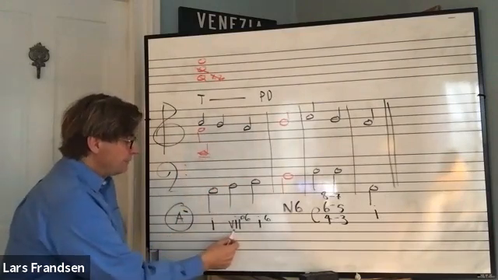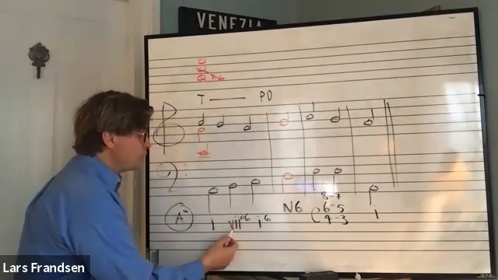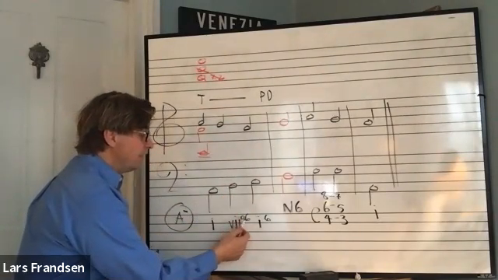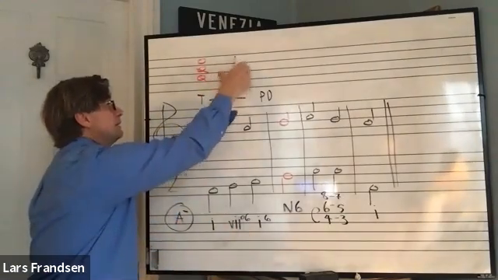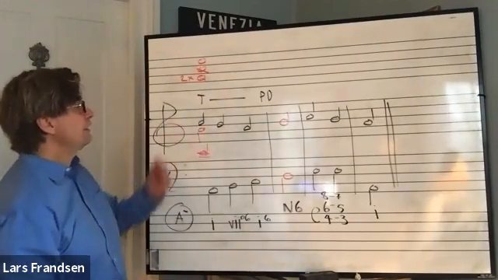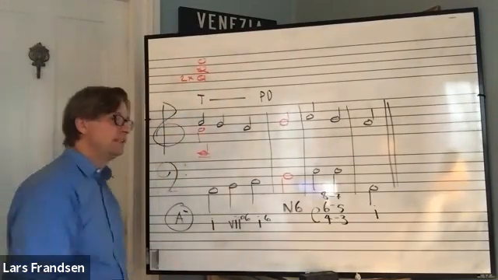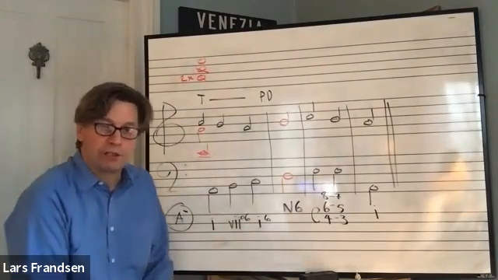Then you analyze this one. You say this one here is a scale degree 7 chord in first inversion, and need a little more space there. And you say to yourself, what is scale degree 7 in the key of A minor? Well, it depends on what kind of minor scale we're talking about.